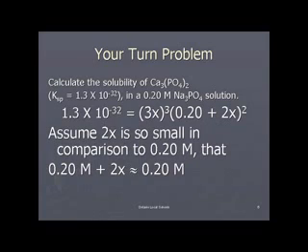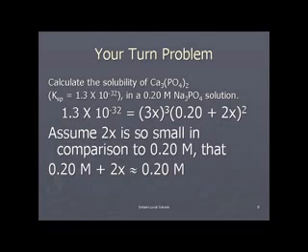The good news is that our KSP value is so very small, 1.3 times 10 to the negative 32nd, that we can assume that 2x in the expression 0.20 plus 2x squared is so small in comparison to 0.20 that essentially when we add these together, because of significant figures, 0.20 moles per liter plus 2x is essentially 0.20.